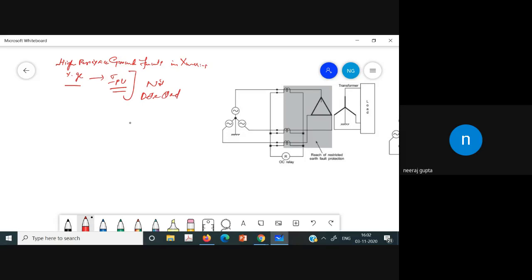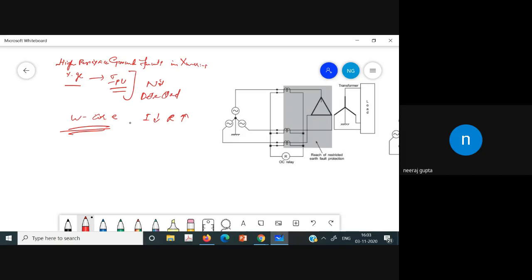Now, a winding to core fault is such a fault which involves high resistance. Winding to core faults are high resistance faults, because in a winding to core fault, the resistance is high and the current is less. Current is less, which means that resistance is high. So this fault comes into the high resistance category.